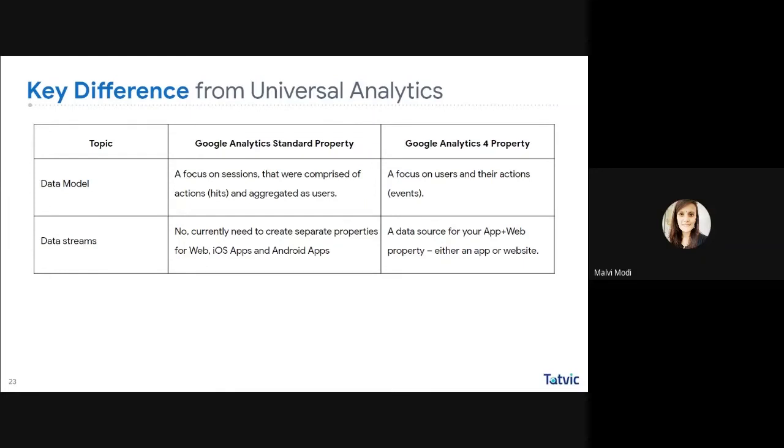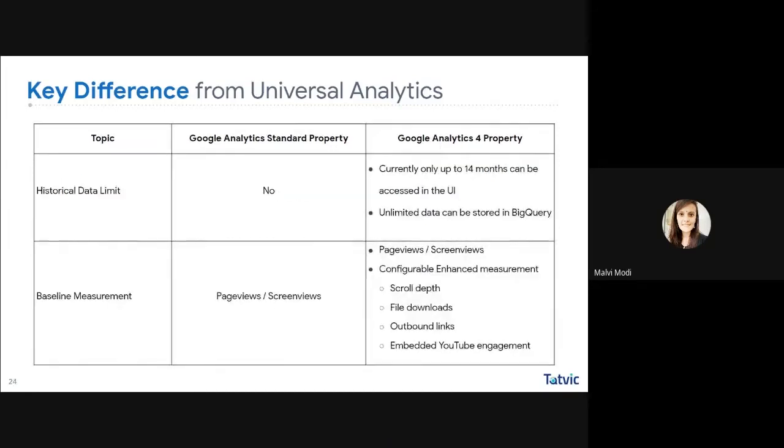And we can create different streams for either an app or a website. When we come to the historical data limit, in GA4 you have 14 months that can be accessed in the UI, with unlimited data that can be stored in BQ. Since we just discussed that there is a native connection to BQ and we can have an integration for that, you have a feature where unlimited data can be stored in BQ.